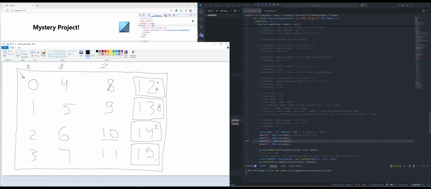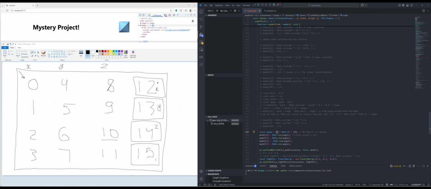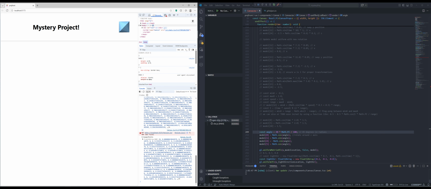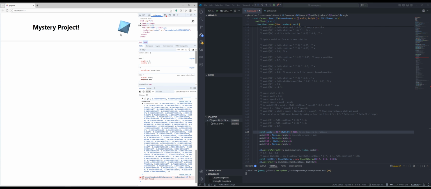Let's actually do 30 degrees here, and we will see that it will be less rotating counterclockwise. Yeah, it is a less rotation counterclockwise. Let's do 15. And it's going to be even less counterclockwise rotation.